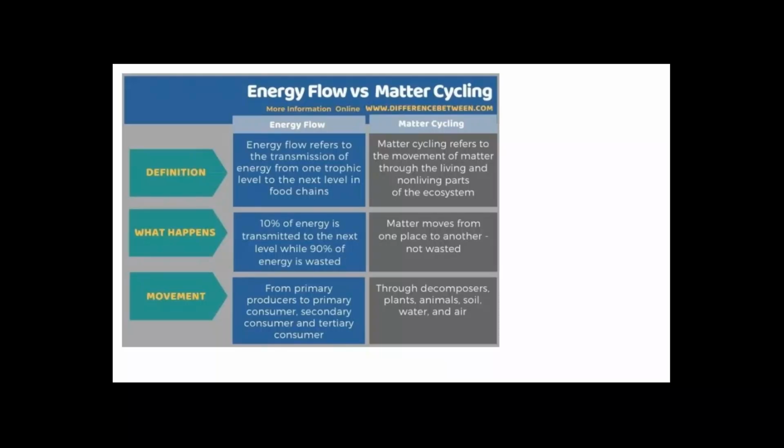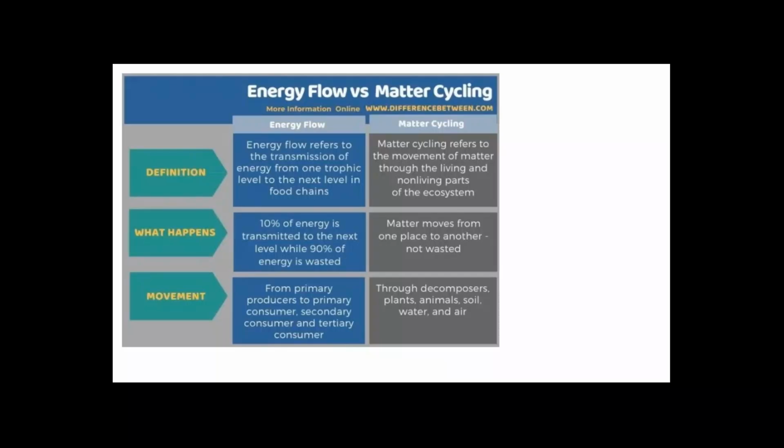So the matter will recycle, but the energy can't. And what happens? 10% of the energy is transmitted to the next trophic level, while 90% is wasted. That energy is degraded, whereas matter moves from one place to another, but it's not wasted.